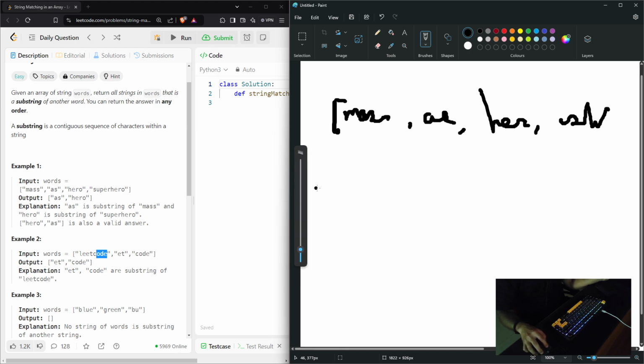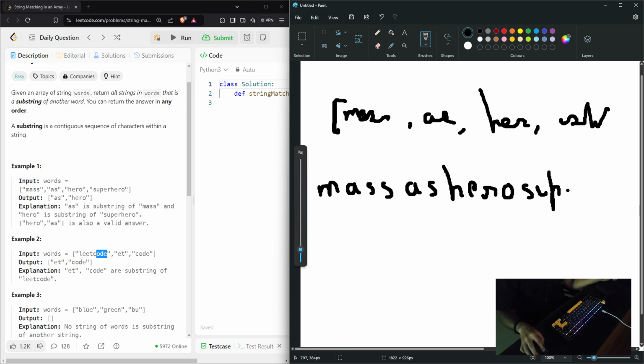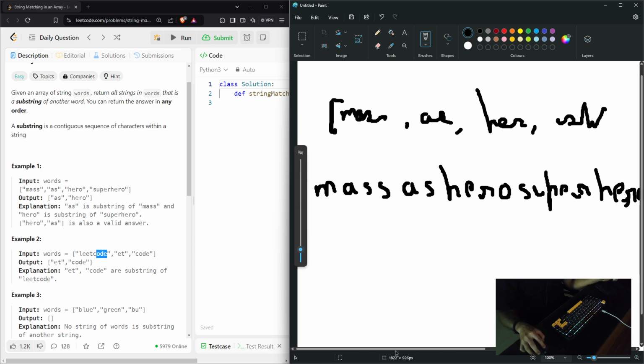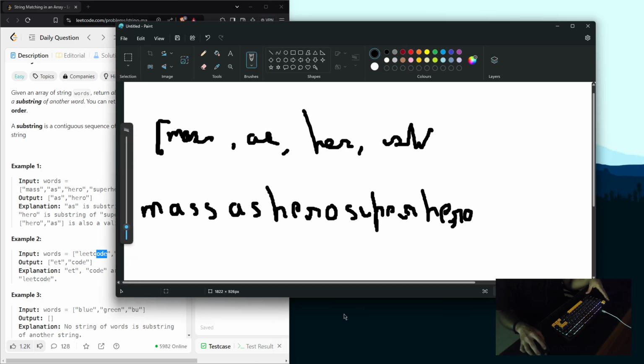If we combine all that, it will look something like this: MASS, and then AS, and then hero, and then superhero. So if you try to visualize it with me right here, this is what the final string will look like: massasherosuperhero.